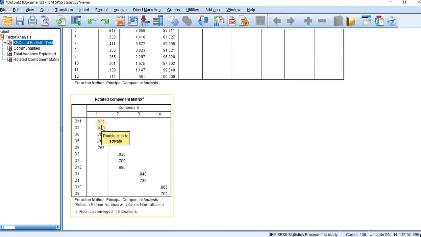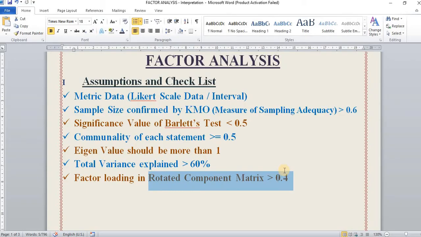In the first factor, the factor loadings are 0.874, 0.843, 0.787, 0.874, 0.763. Second factor: 0.802, 0.789, 0.69. Third factor, factor loadings 0.8, 0.739, and fourth factor, factor loadings 0.865, 0.702. So with these factor loadings, the factor analysis is valid and it can be used.